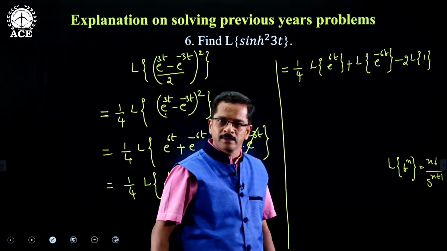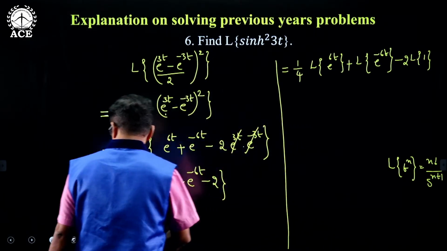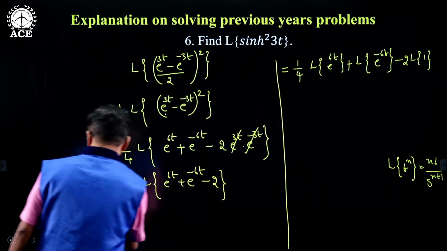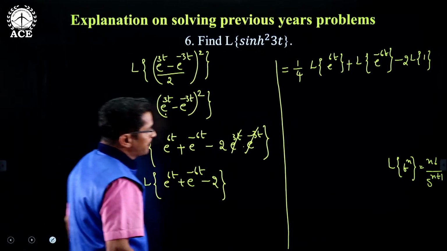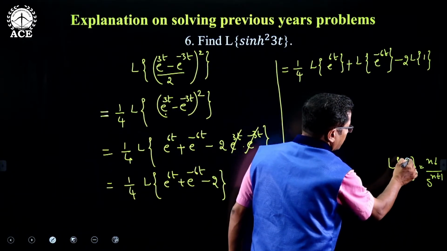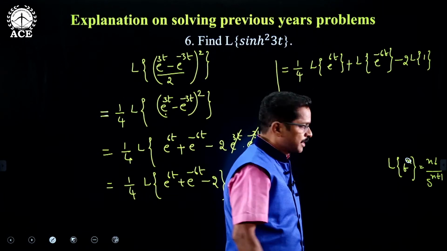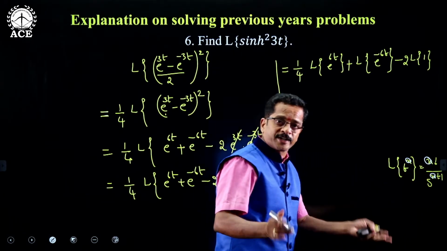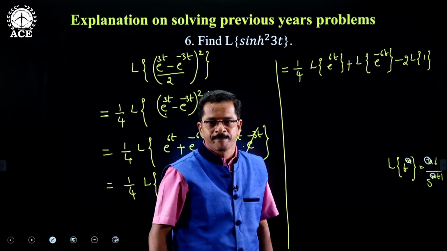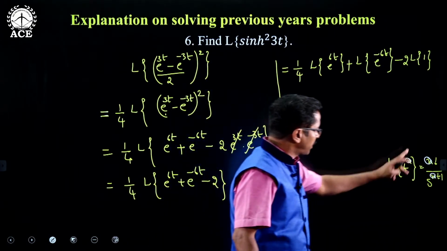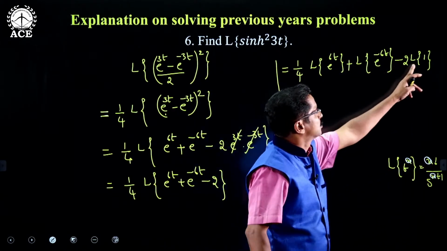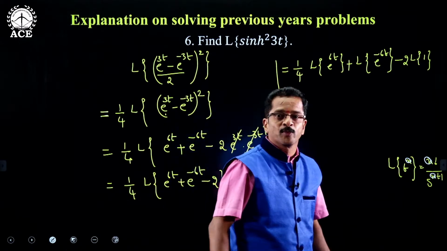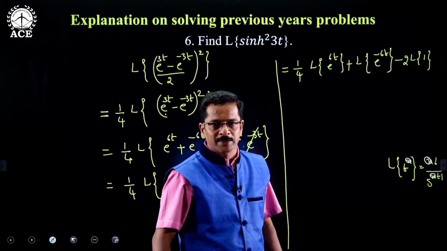When it becomes 1, if I take n as 0, t power 0 is 1, then you put 0 here, 0 factorial is 1, it's defined, no proof. So 1 by s power 1 is 1 by s. So Laplace transform of 1 is 1 by s, that you remember. That is derived from L of t power n equals n factorial by s power n plus 1.